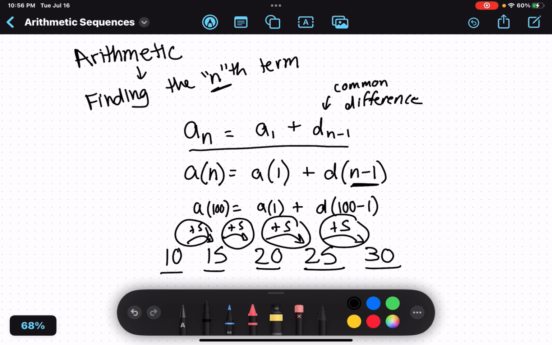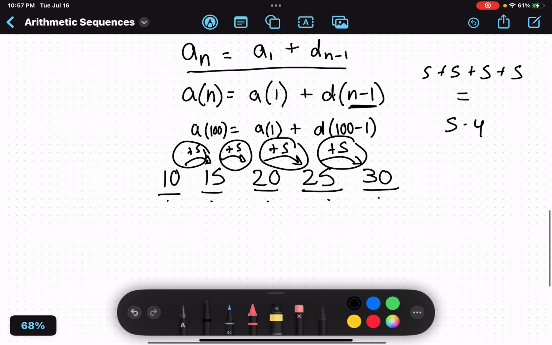You're always adding one less. Like I said before, 5 terms, but you add it 4 times. If you were trying to find the 100th term, you add 5 only 99 times. If you were looking for the 1000th term, you're adding 5 999 times. And that's why we're multiplying our common difference by that, because adding the same thing 4 times is equal to 5 times 4.